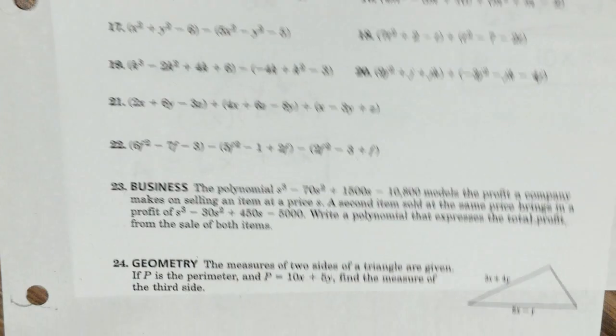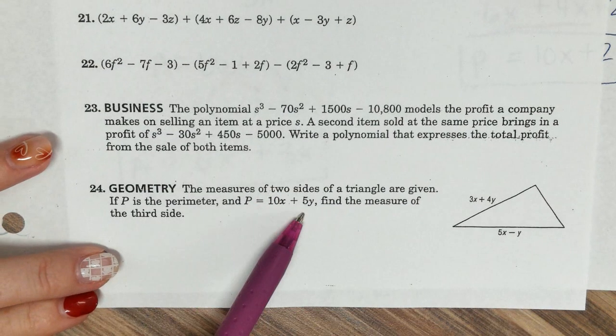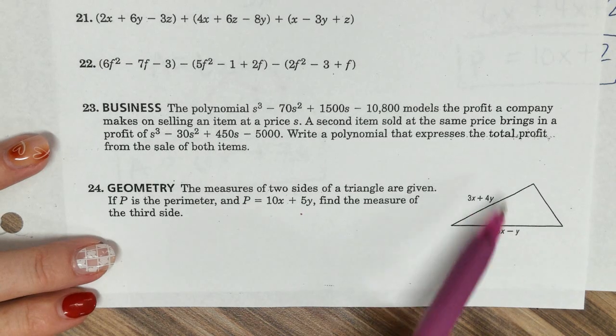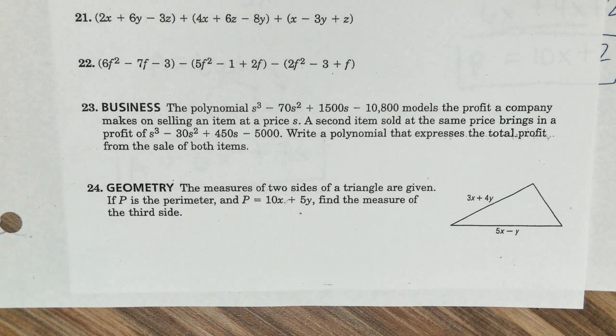And then when you get to 23 and 24, don't overthink 23. It's super easy. And 24, you're going to work backwards. They gave you the perimeter, and they're asking for the missing side length. Well, you know that this plus this is going to equal this. So you're just looking for those missing pieces. Yes? Everybody good? All right, you may start.